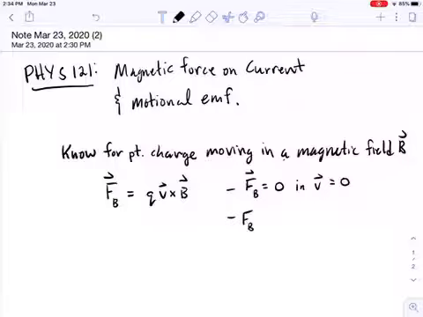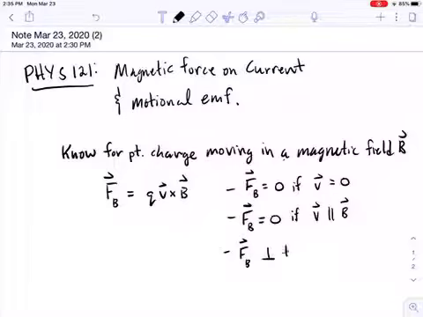This magnetic force is equal to 0 if V is parallel to the magnetic field, or anti-parallel for that matter, because then the cross product will vanish, because the cross product has a magnitude that is proportional to the sine of the angle between those vectors. And if that angle is 0 or 180 degrees, the cross product will vanish.